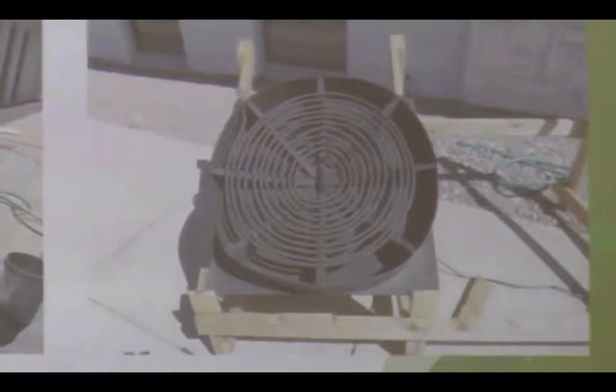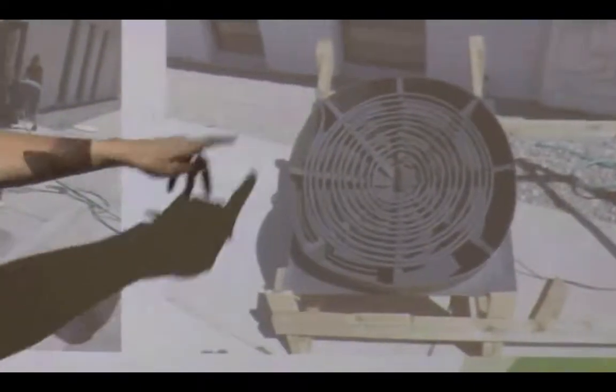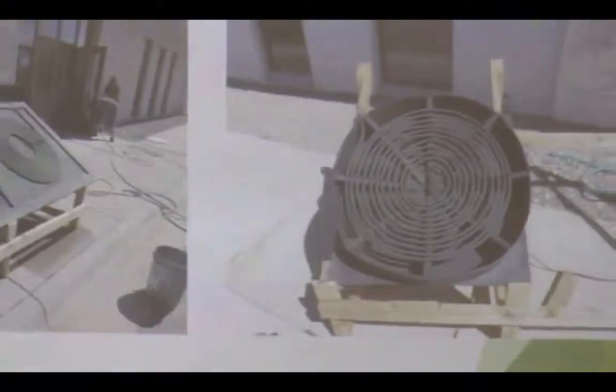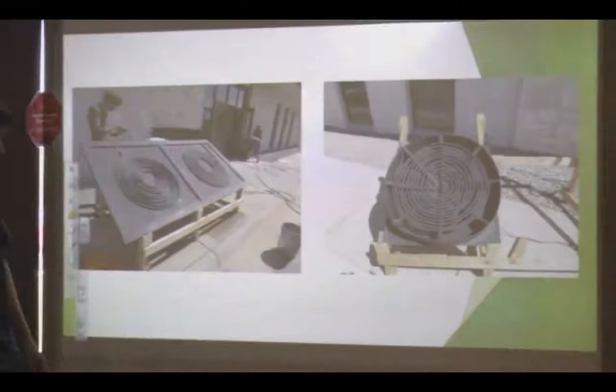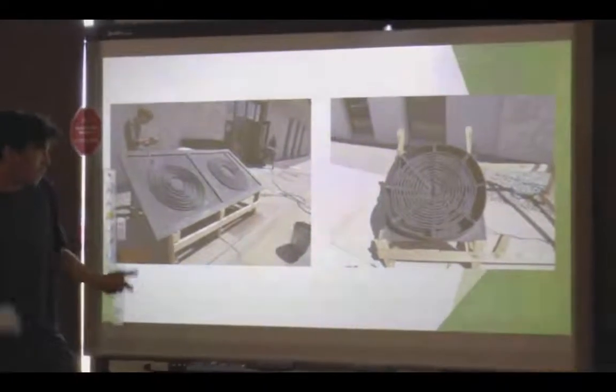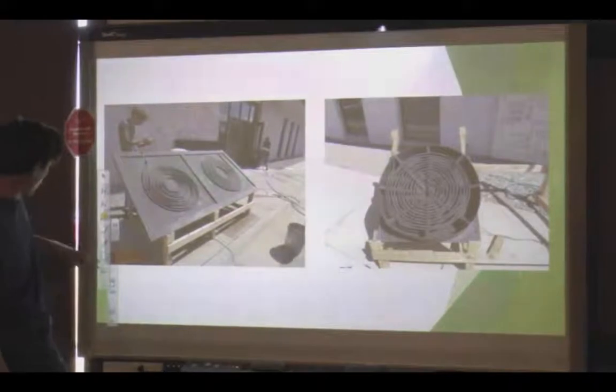The area of the collector on all 3 is 32 inches by 32 inches. That's 1,024 square inches, so it's absorbing a good deal of energy.